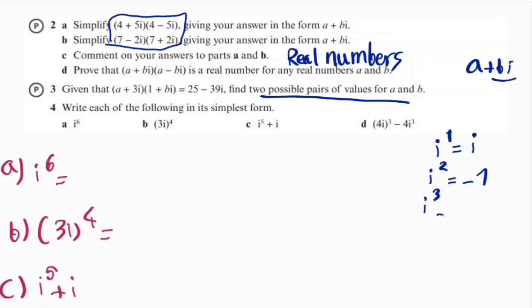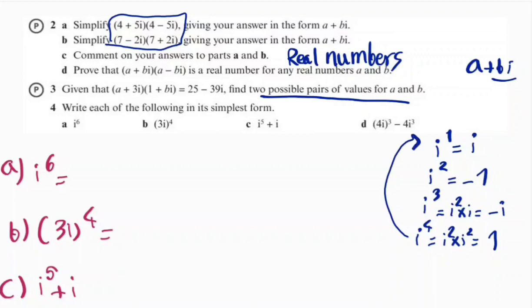Then i cubed is simply i squared times i, and we know that i squared is minus 1, so minus 1 times i is minus i. i to the power of 4 is i squared times i squared, which means minus 1 times minus 1 is 1.